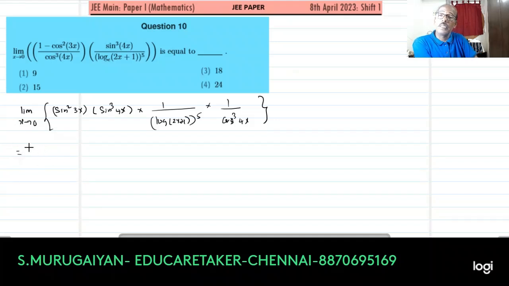Limit x approaches 0. To apply the sandwich theorem result, the sin square 3x should be divided by 3x whole square.